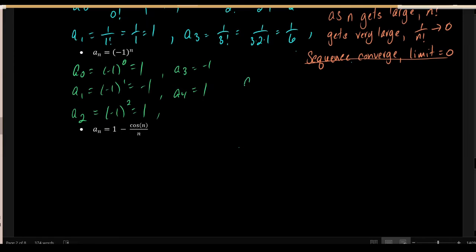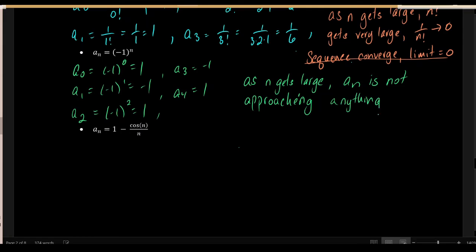So as n gets large, a sub n is not approaching anything. It keeps bouncing between these two extremes. And because of that, this sequence does not converge. This sequence diverges.